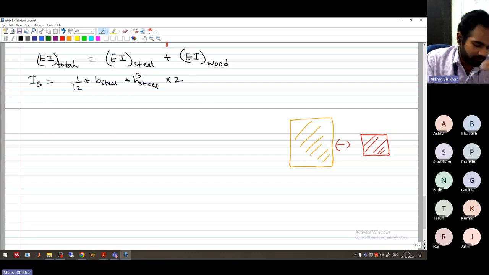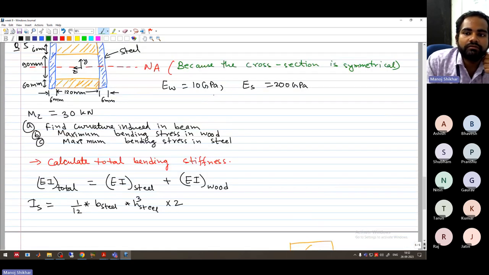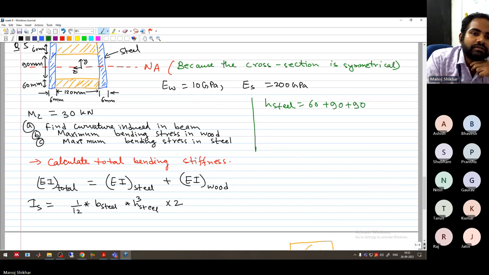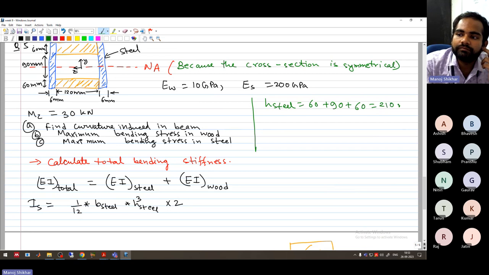Anyways, the total height of steel will be what? From the figure, you can see that H steel equals 60 plus 90 plus 60, sorry. So 210 mm. So this is equal to 0.21 meter. What is B steel?